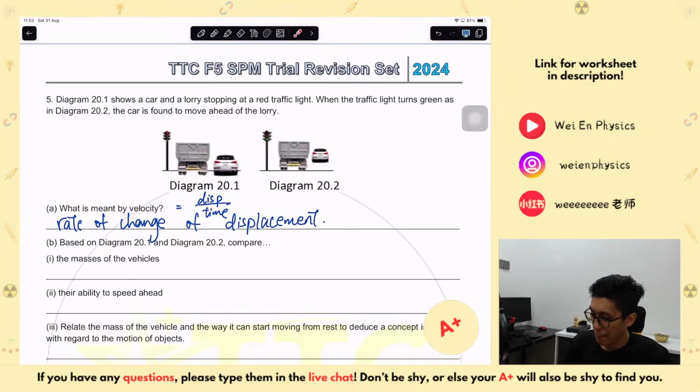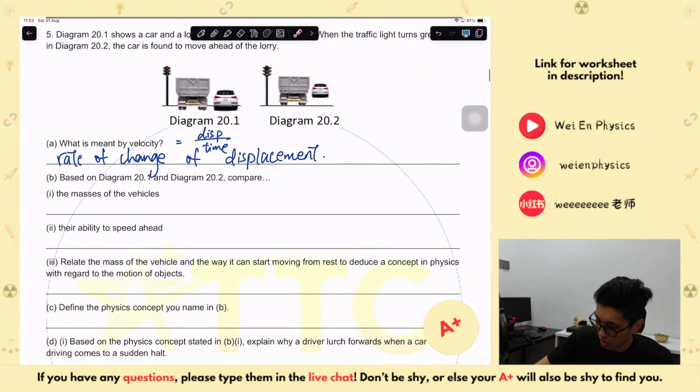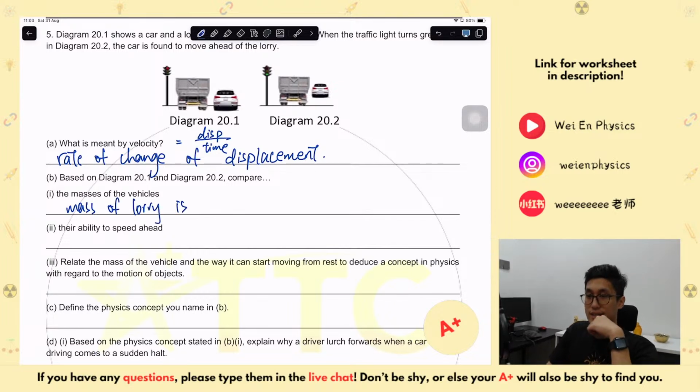Okay, compare the mass of the vehicles. So definitely lorry, should write mass of lorry lah. Mass of lorry is greater than mass of car.